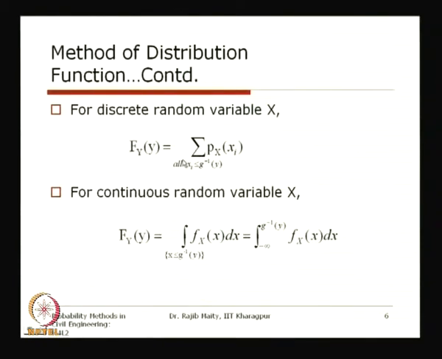Now, we will see two different cases, the discrete random variable and the continuous random variable. There is a slight difference, which may not be easily understood when we look at the equational form, but in the next method, the method of transformation, it will be more clear.